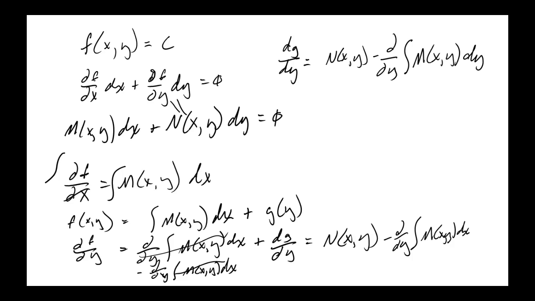You just write it in differential form. Wait, I got ahead of myself here. This is a dg dy here, and then all this multiplied by dy. But this has to be just some function of y, because your x's have subtracted away.